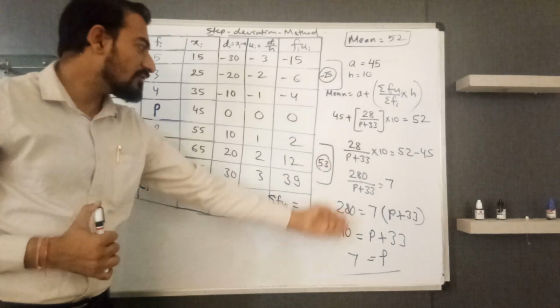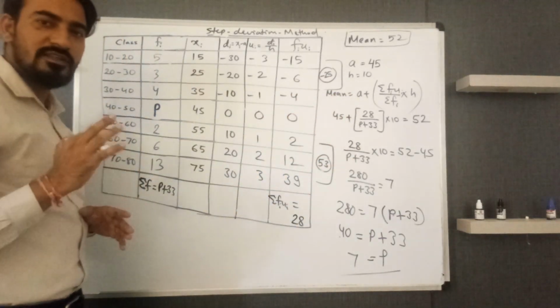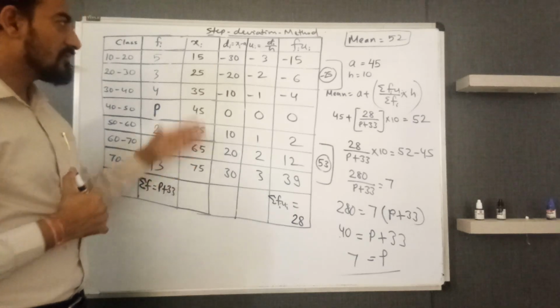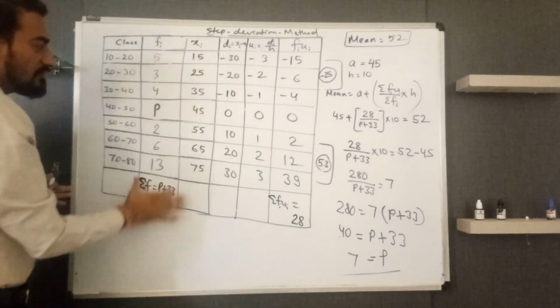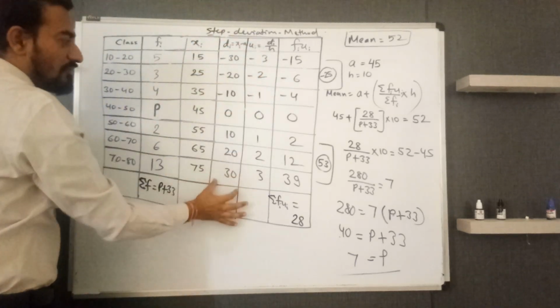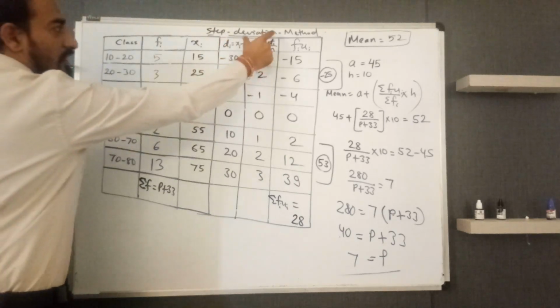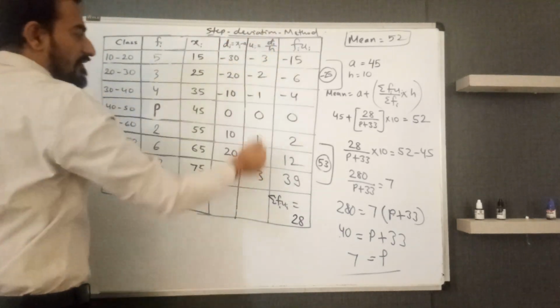And the equation: you are in 10th class, you know how to solve a linear equation in one variable. So once again, just revise it. Class and frequency you will have. x you have to obtain. d you know how to find: x minus a. u is d by h. Write 0, 1, 2, 3, 1, 2, 3.